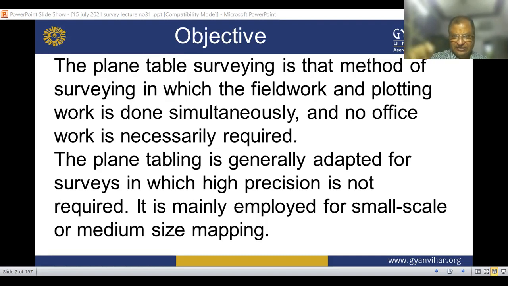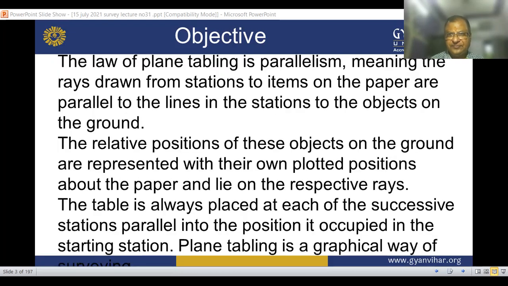The plane table is generally adopted for survey in which high precision is not required. It is mainly employed for small scale or medium size mapping.